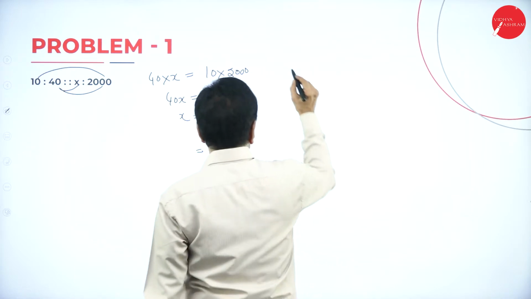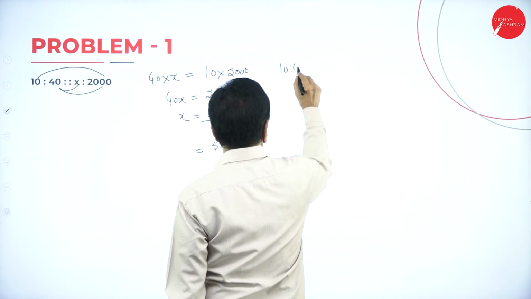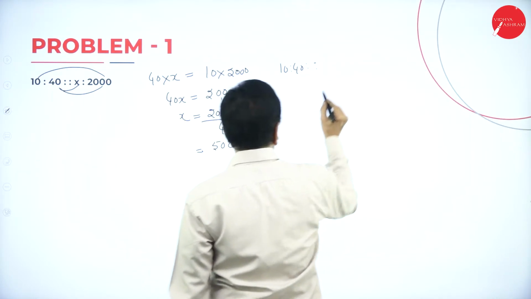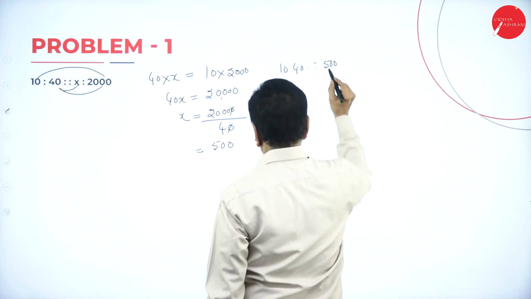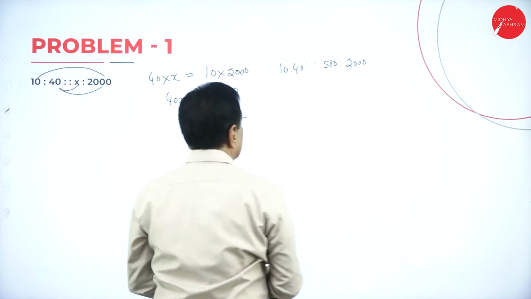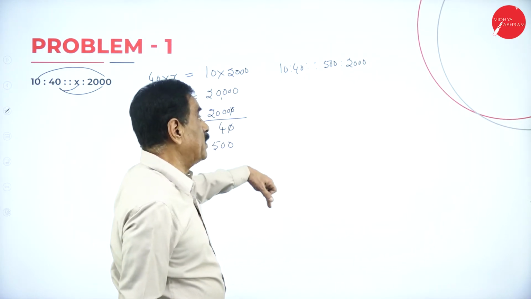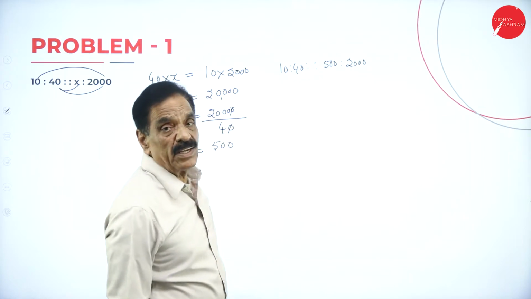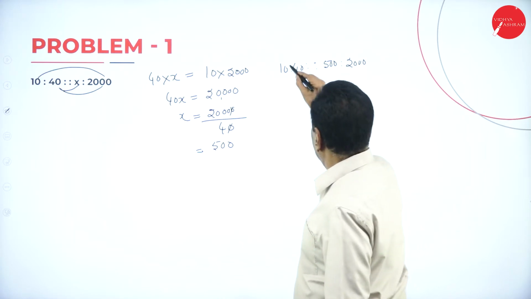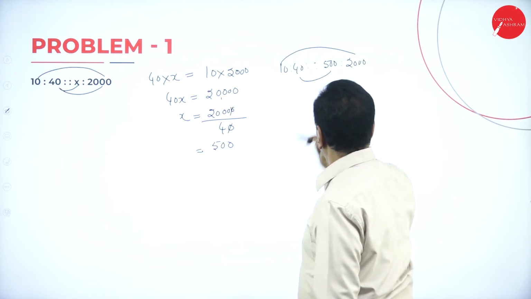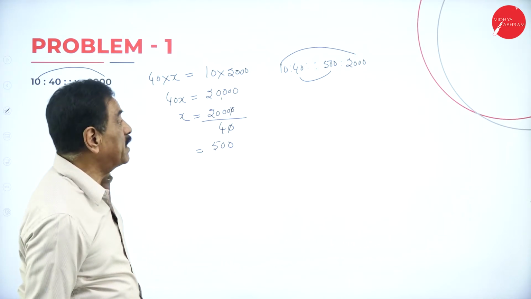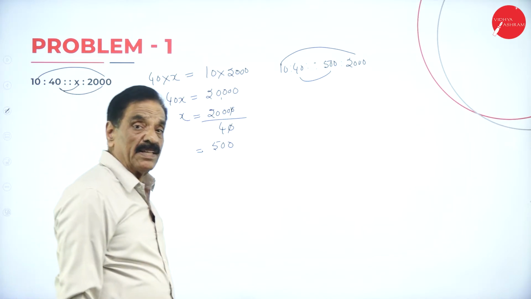So 10:40 is to, what's the x value? 500 is to 2000. See that? 2000 into 10 is 20,000. 500 into 40 is 20,000. This should be equal. When you get the answer, first and last, second and third should be equal. So 20,000 equals 20,000, which means correct.